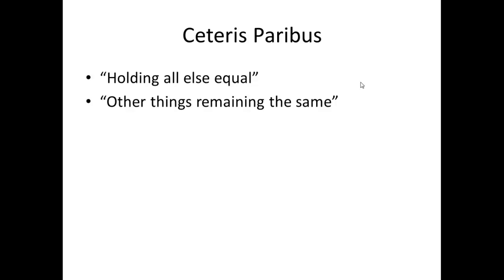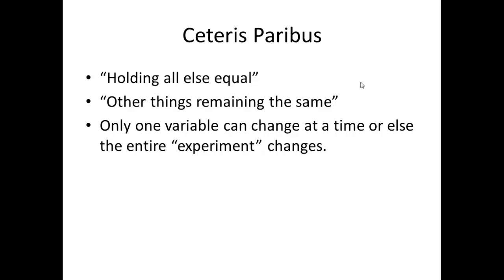Or if demand changes, nothing else can change. Not in most circumstances. Only one thing can change at a time. It's very much like a science experiment, right? You can't change more than one variable in a science experiment without changing the entire experiment.